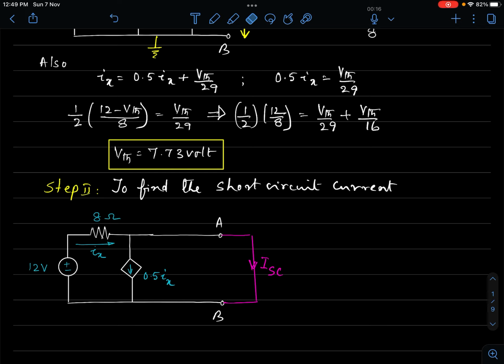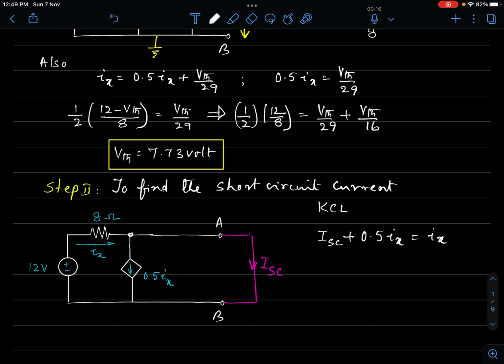If this is the situation, what is going to be the short circuit current? This is a very elementary network. We can apply KCL again. KCL says the current that flows out of node A is ISC, plus 0.5 Ix, which is also a current that leaves node A. So ISC plus 0.5 Ix should be equal to Ix.